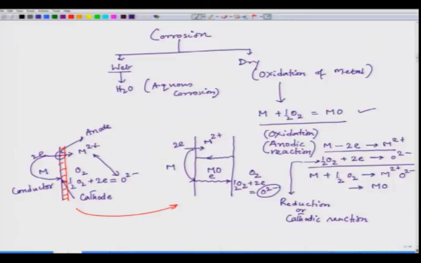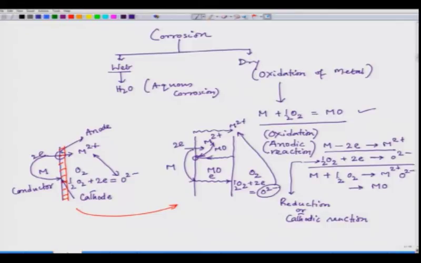When it moves like this, it comes here and combines with this and forms metal oxide. If the metal ion is moving on the outer side, there it can combine and form metal oxide.